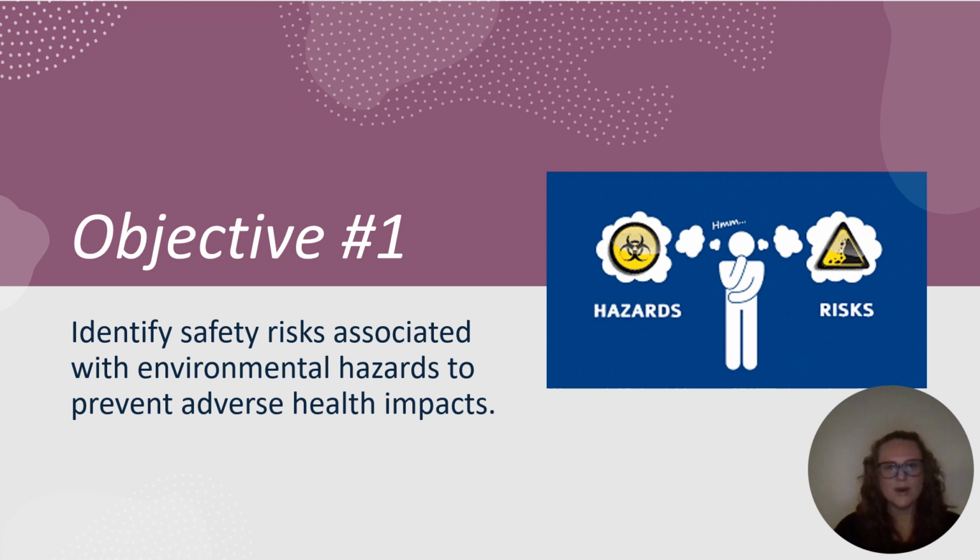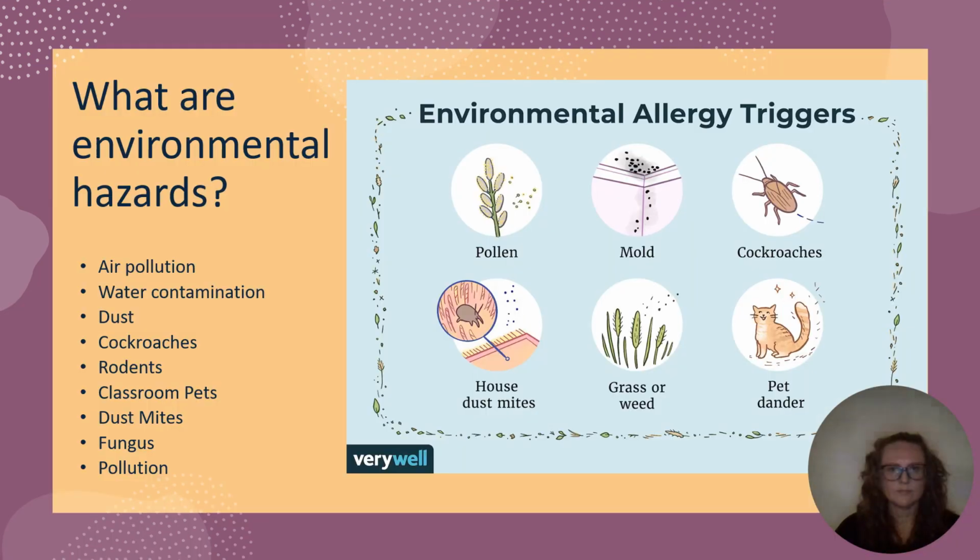All right, so objective 1, identify safety risks associated with environmental hazards to prevent adverse health impacts. So what are environmental hazards? Environmental hazards are potential threats to human health and well-being arising from various environmental factors.